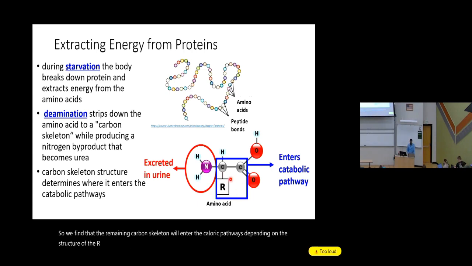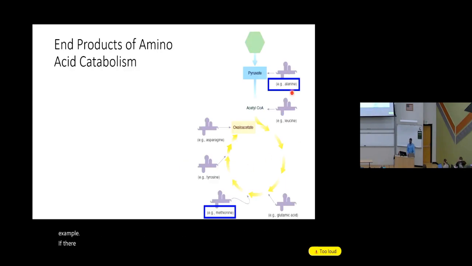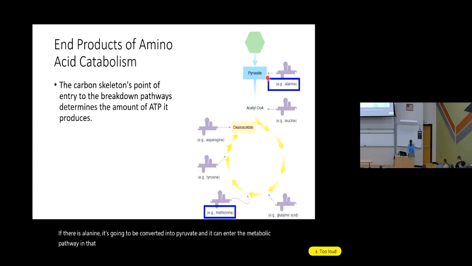You know that there are 20 different R groups, and depending on the structure of the R group, the remaining carbon skeleton can enter different parts of the catabolic pathway. For example, alanine is converted into pyruvate and enters the metabolic pathway at that step. Whereas methionine enters somewhere in the middle of the citric acid cycle.